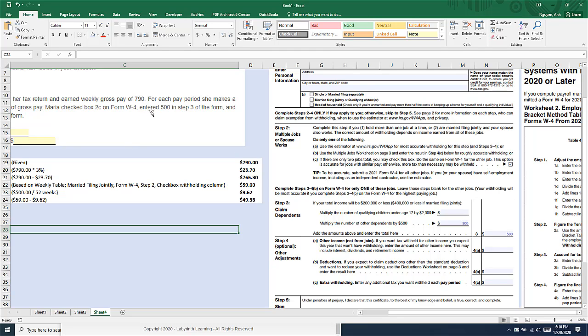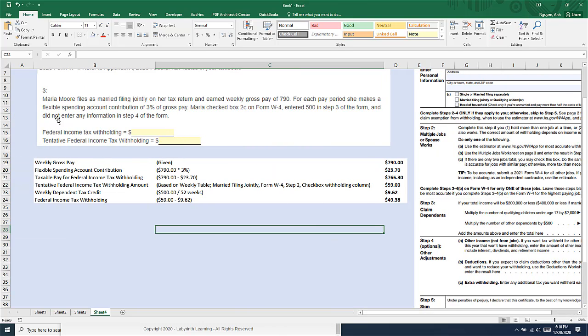The other part of the problem is she entered 500 in step 3. Here's step 3 where you claim dependents, and she marked off 500 here because she has a dependent and 500 as the dependent credit. And that also has tax implications. I'll get to that soon. What else?